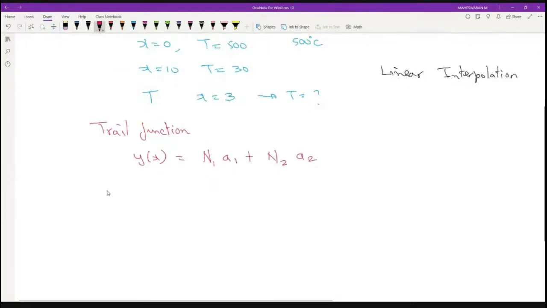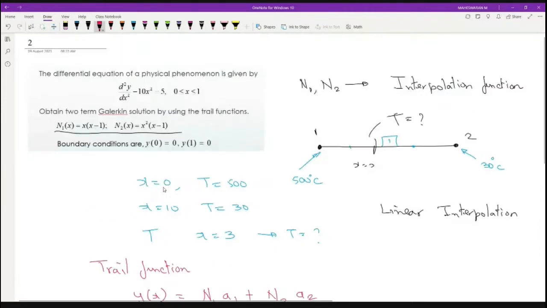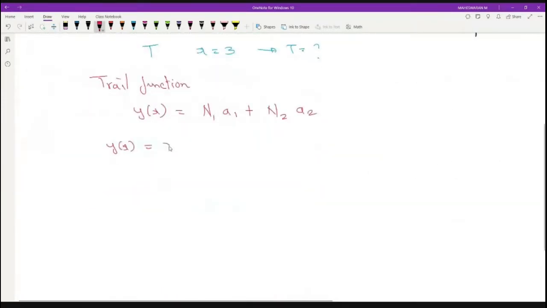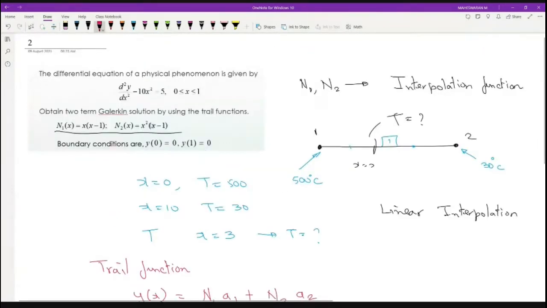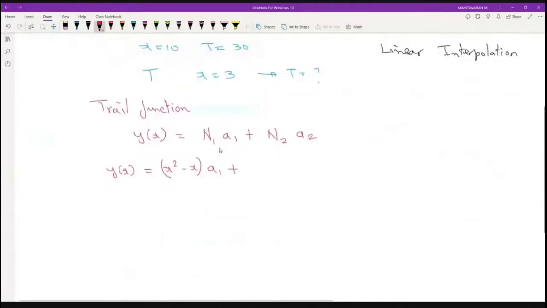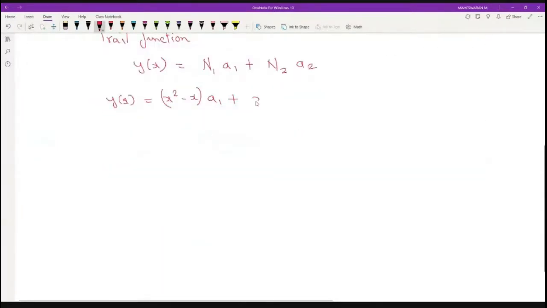So my trial function y of x is equal to x square minus x times a1, plus x cube minus x square times a2. This is my trial function.